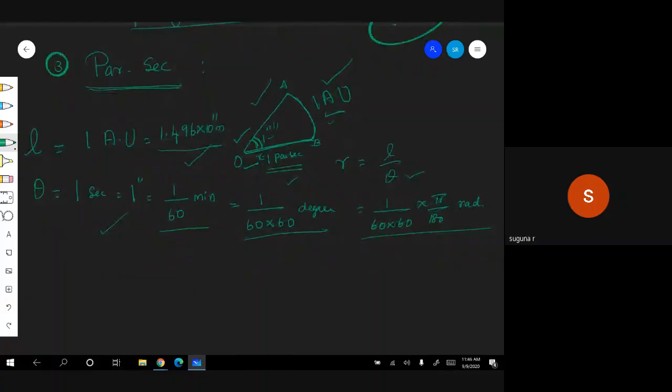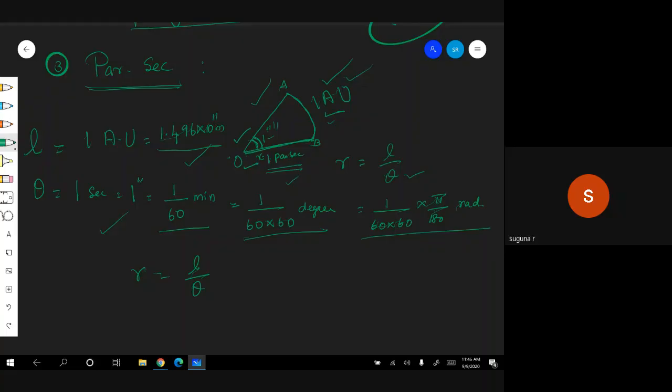Therefore, now you have to find out what is parsec. R is equal to L by theta. Now this R is nothing but parsec. According to the definition, 1 parsec is the radius of the circle at the center of which an arc of length 1 astronomical unit subtends an angle of 1 second.